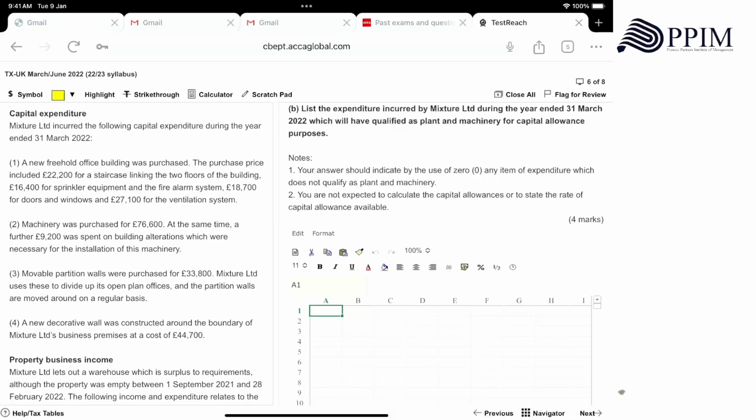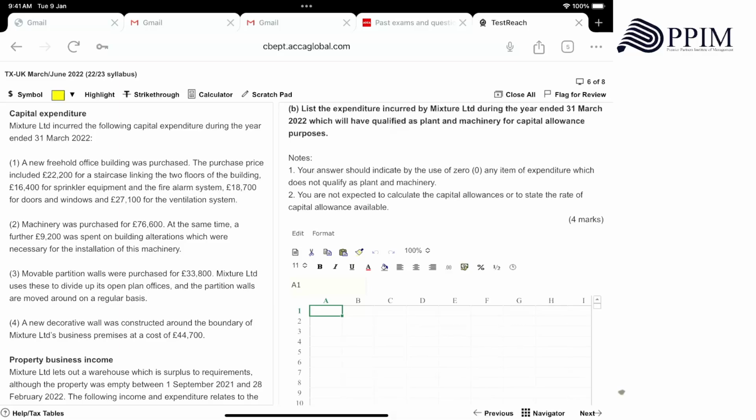That's 1,200. Over partial walls. Purchase for 30,800. Actually, this is a decorative wall that was constructed.